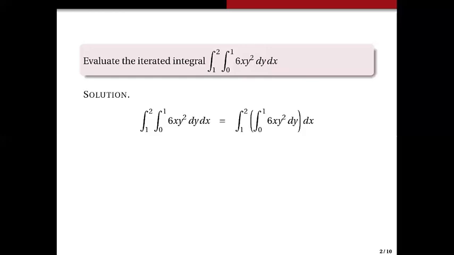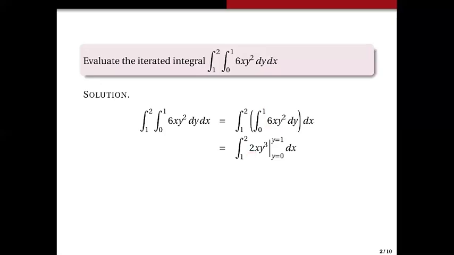So here we have this as our original expression, and then here we just put our grouping. We have this inner integral from 0 to 1, 6xy squared dy. If we integrate that with respect to y, take note, with respect to y, we will have y cubed over 3, but we have 6 here, so 6 over 3, that's your 2.